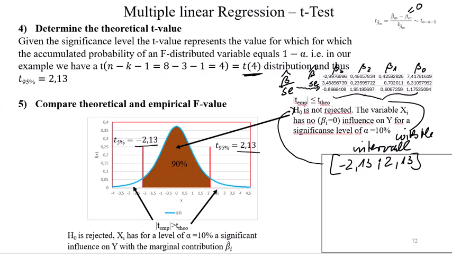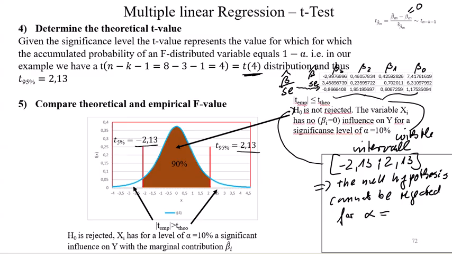So the null hypothesis cannot be rejected for an error probability of 10%.